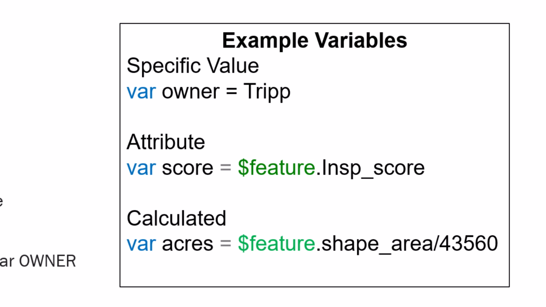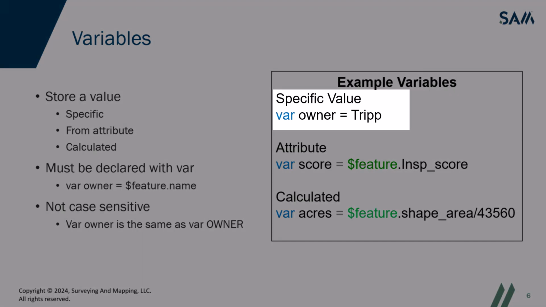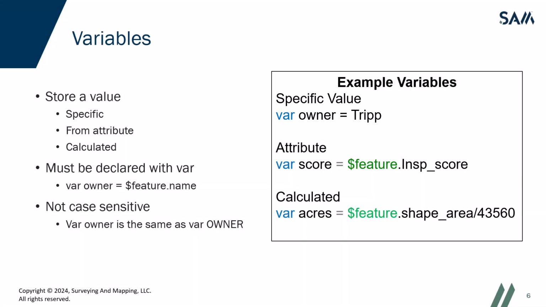Unlike other languages such as Python, in Arcade, variables aren't case sensitive, meaning that if, for example, here you see var owner, all in lowercase, equals Tripp, I can reference that later with an uppercase O in owner, and it means the same thing. So let's now go into ArcGIS Pro and show you how you can define a variable in an Arcade expression.